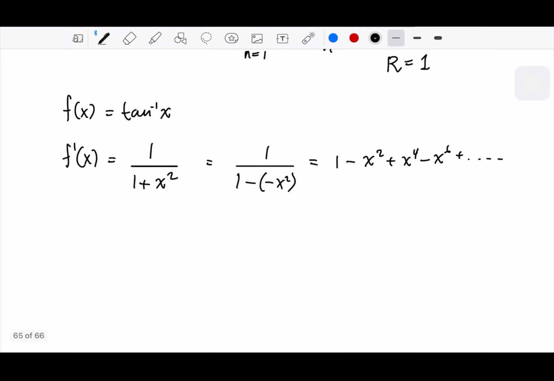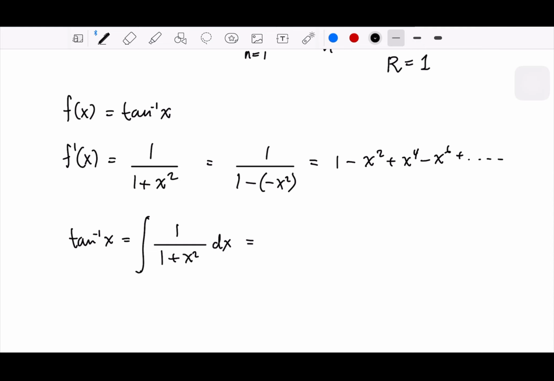So since the tangent inverse is the integration of 1 over 1 plus x squared dx, okay? Since this is the integral, then we can integrate this, okay? And we can put it here.